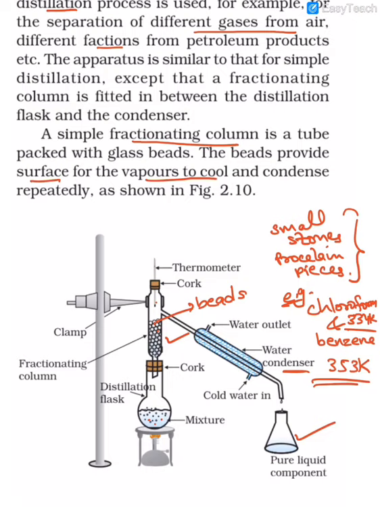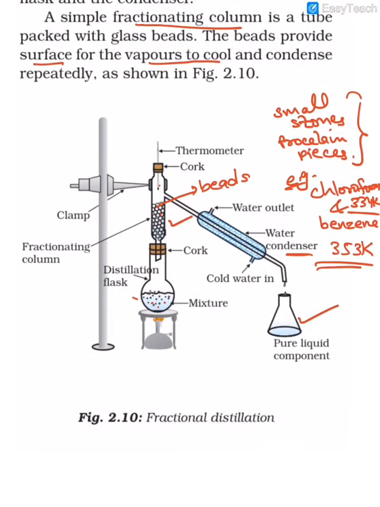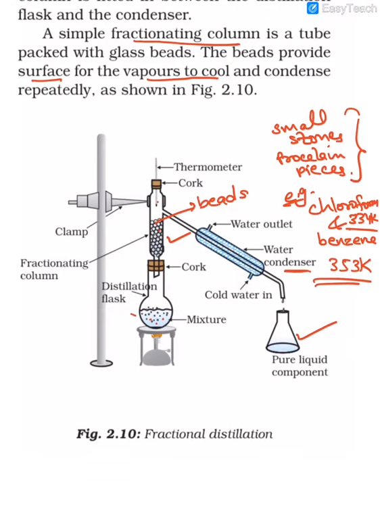When chloroform gets over, then benzene will start boiling, and you can collect benzene liquid in another beaker. Now we also use this method for separating crude oil in the petroleum industry, into various fractions such as gasoline, kerosene oil, diesel oil, lubricating oil.